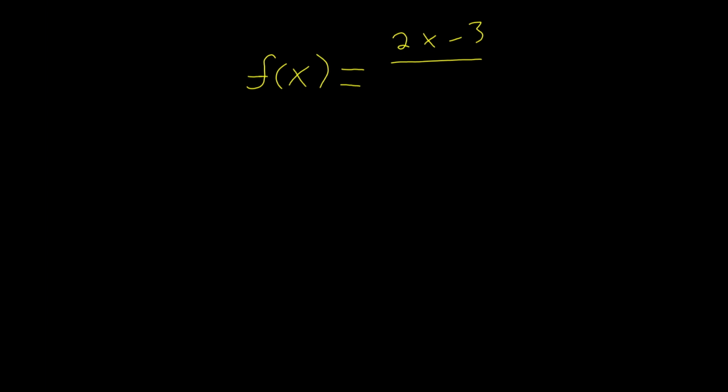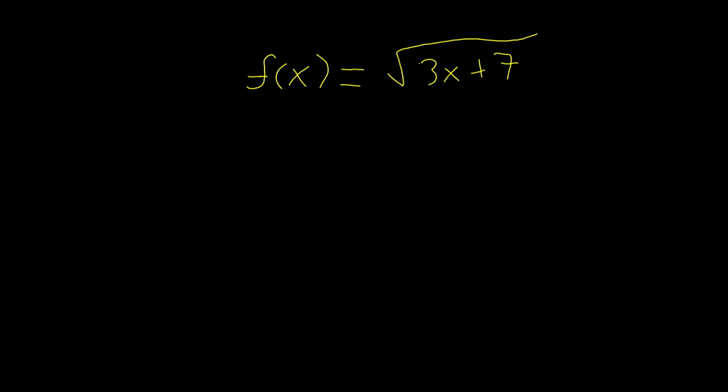So now, what if we have a radical function? Let's say the square root of 3x plus 7. How would we find the domain of this function? Well, remember, the value inside a radical has to be greater than or equal to 0, because the square root of anything has to be greater than or equal to 0.